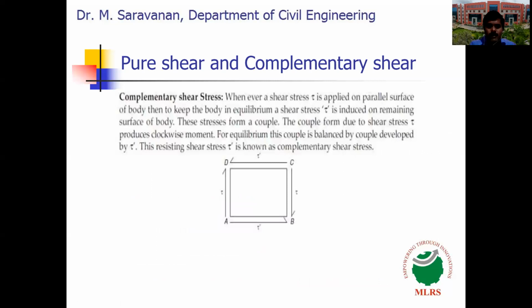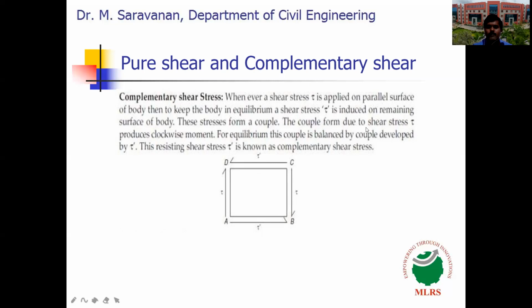And let us see what is complementary shear stress. Whenever a shear stress tau is applied on parallel surfaces of a body, then to keep the body in equilibrium, a shear stress tau dash is induced on the remaining surfaces of the body. These stresses form a couple.